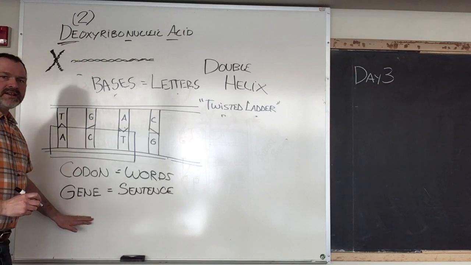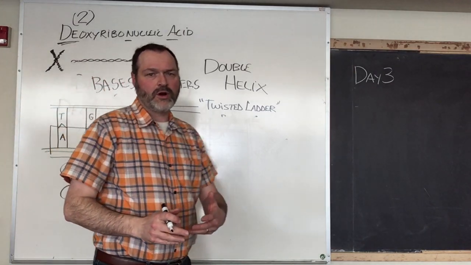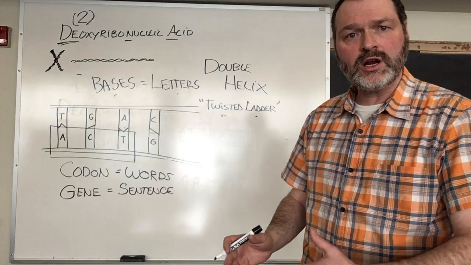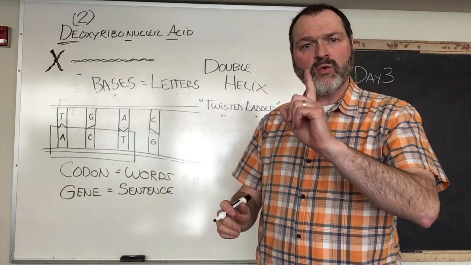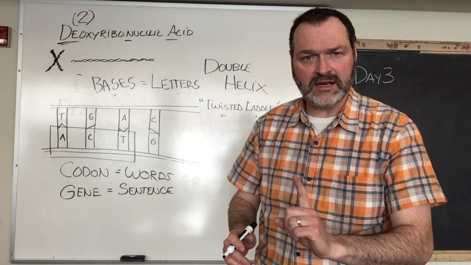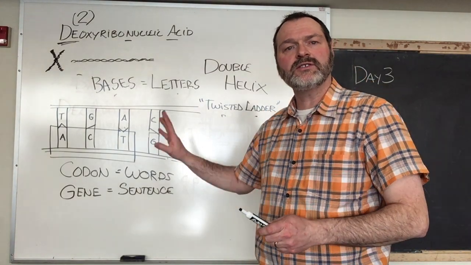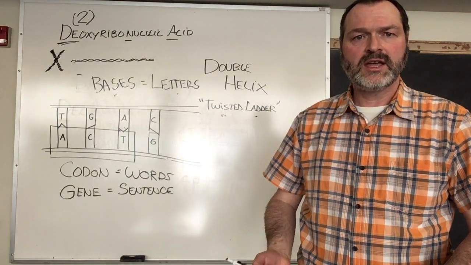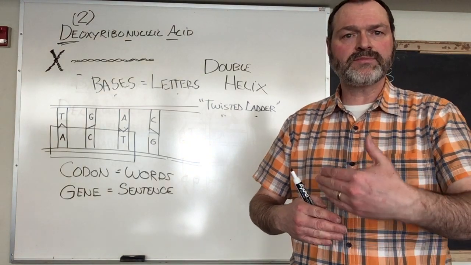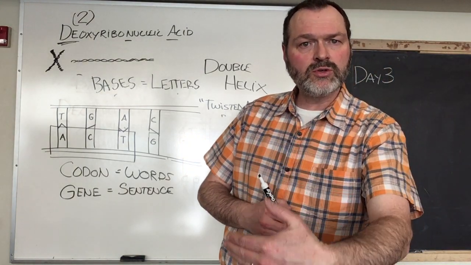What is an idea for? Well, it's not an idea for as much as the plans for making one protein. So ultimately what's happening here with DNA is that these are instructions for making proteins. The DNA makes the proteins actually go do the work.